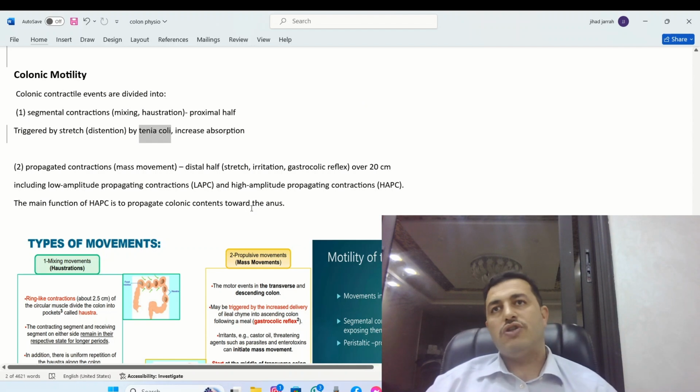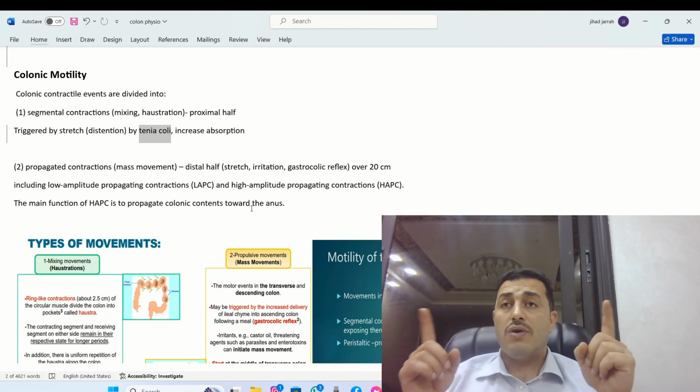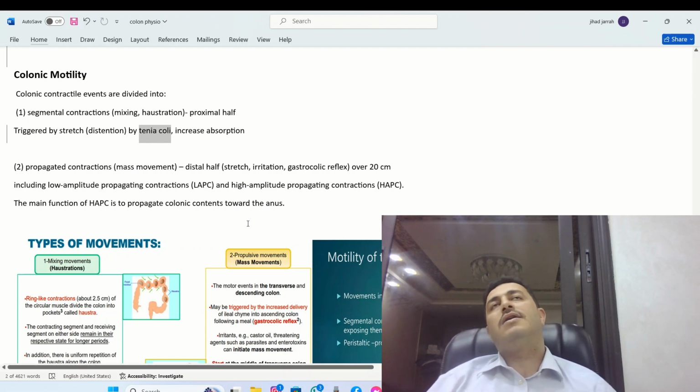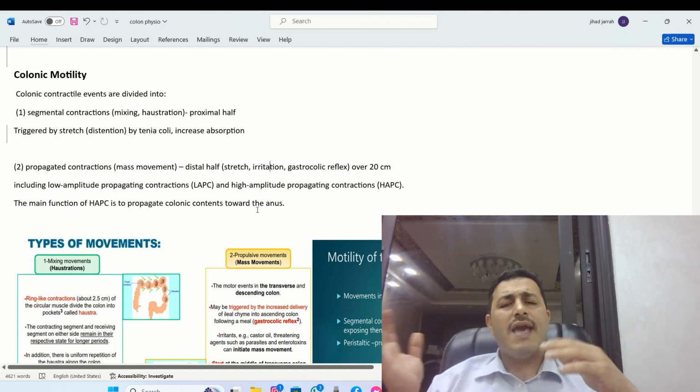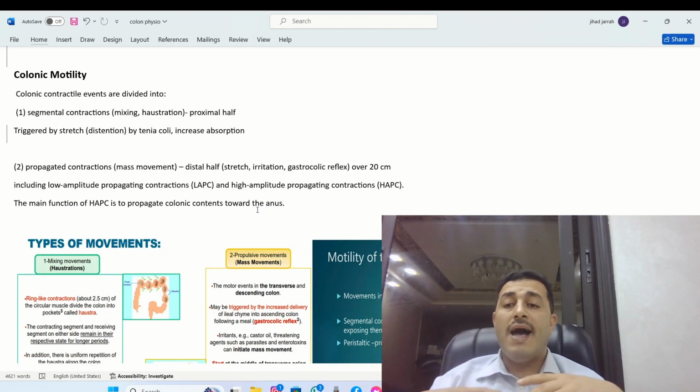The propagative contractions, in other words the mass movement or peristalsis, are responsible for moving the colonic content toward the rectum and anus, and occur over a long distance, about 20 centimeters. Many triggers exist for this movement: stretch, irritation, and reflexes such as the gastrocolic reflex. The propagative contractions may be divided into low and high amplitude propagated contractions.